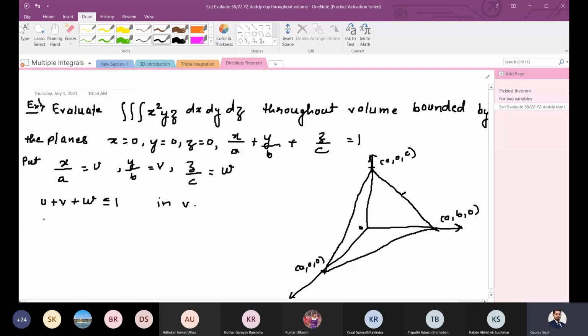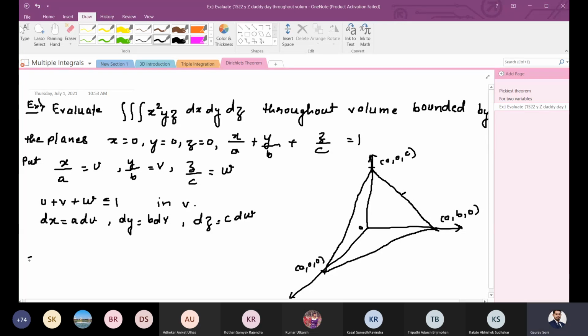So if we make this substitution, dx will be replaced by a times du, dy by b times dv, and dz by c times dw. Let's substitute all these values.